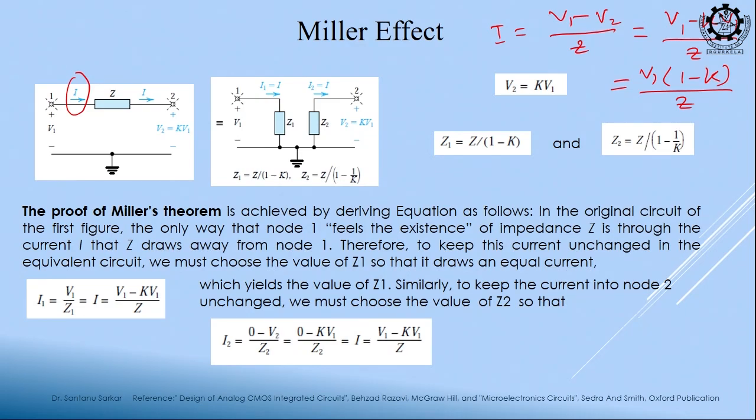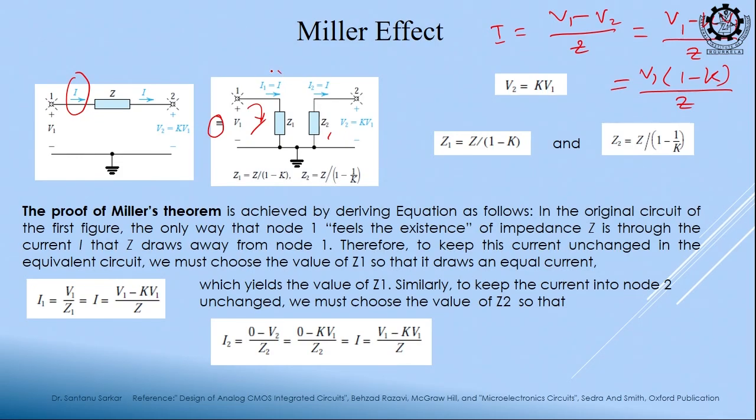In the second case, we replace Z, we are drawing Z1 and Z2. Now, if these two circuits are equivalent, the current flowing through this should also be I. In the previous case current I was flowing through this, and I have replaced this circuit with this circuit, and I am expecting that they should behave in the same way. So if they behave the same way, my current should be the same, right. So that is my first hint.